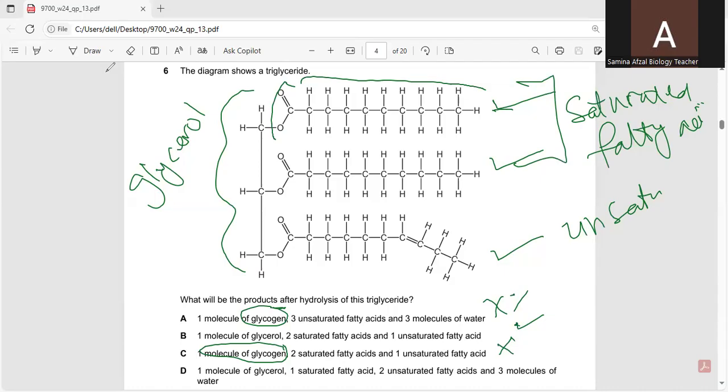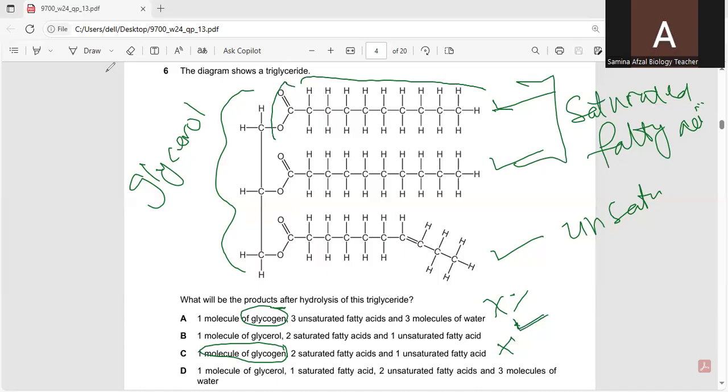So when there is hydrolysis, there is breakdown by the addition of water molecules. So this can be the correct option.